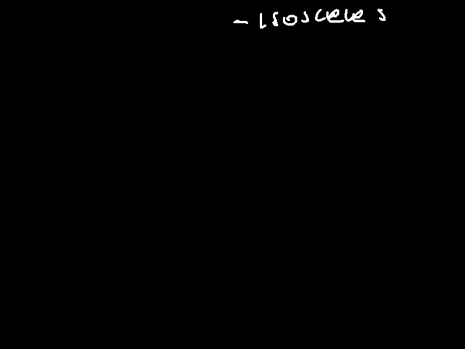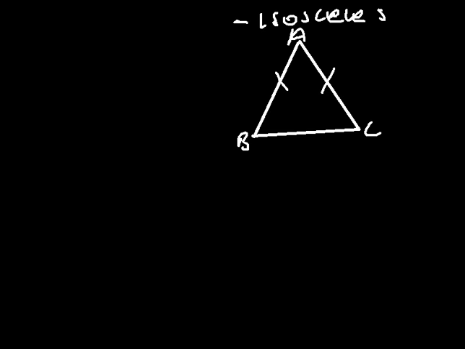An isosceles triangle is a triangle whose two sides are the same. Let's say this is the triangle ABC. Assuming this is an isosceles triangle, and the side AC is the same as the side AB, then the base angles are also the same. So this is what we call the isosceles triangle.